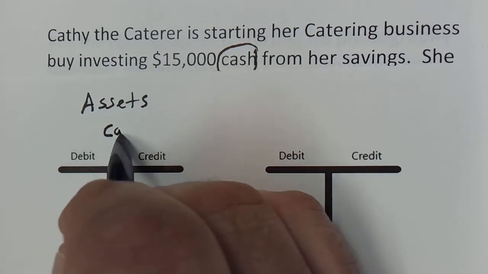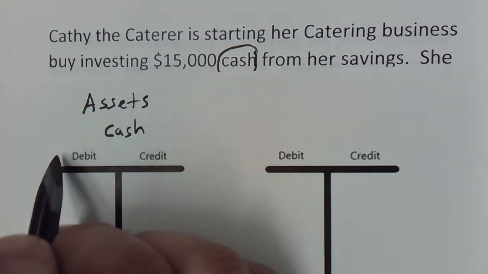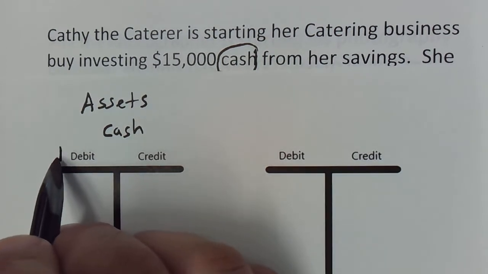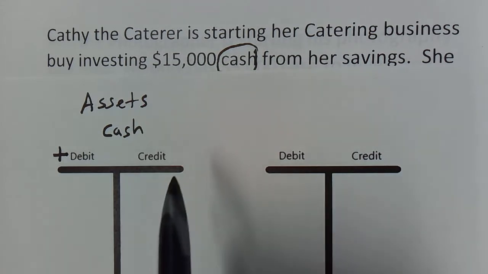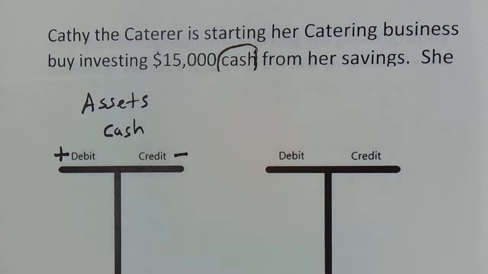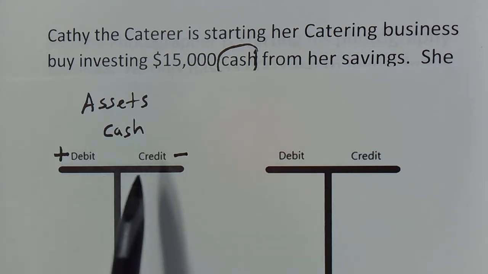Cash is an asset. In fact, it's my favorite asset. And since it's an asset, as you've seen in some prior videos, we know that we increase assets with debits and we decrease assets with credits. So anytime an asset goes up, we're going to be debiting it, and when an asset goes down, we're going to credit it.